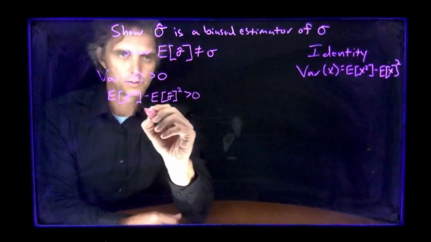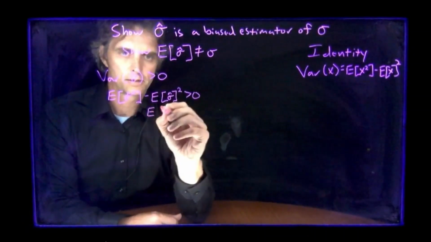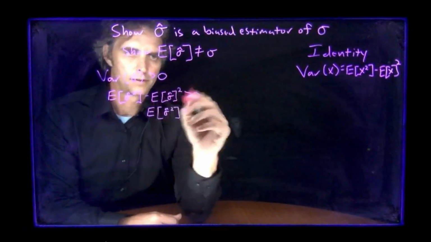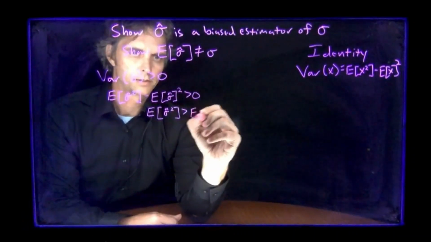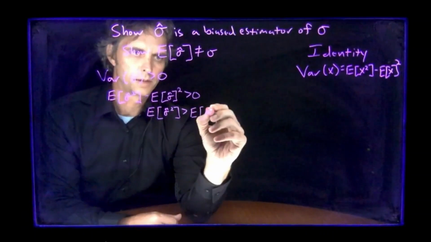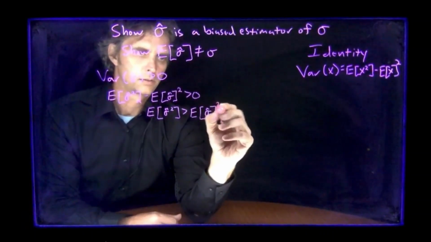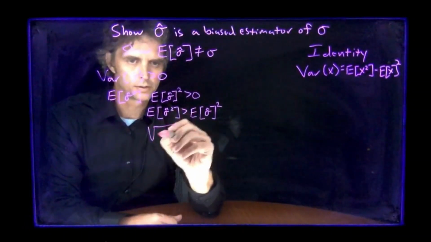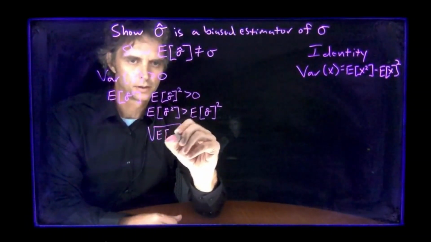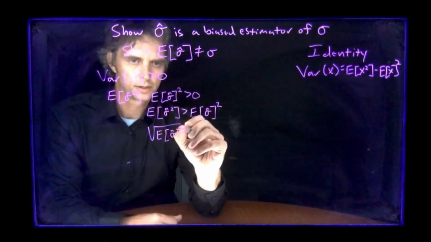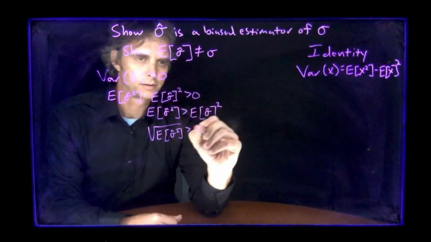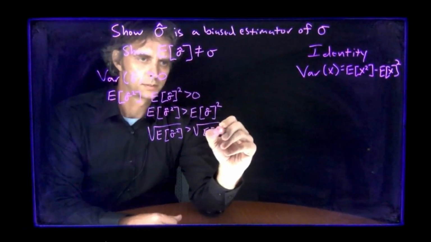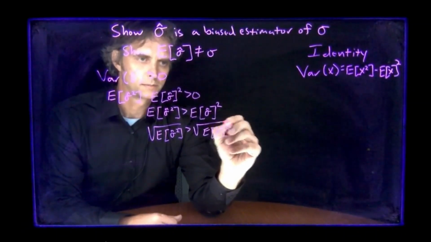So this would imply that the expected value of sigma hat squared is greater than the expected value of sigma hat, squared. Awesome. So that would imply that if I take the square root of the expected value of sigma hat squared, that will be greater than the square root of the expected value of sigma hat, squared.